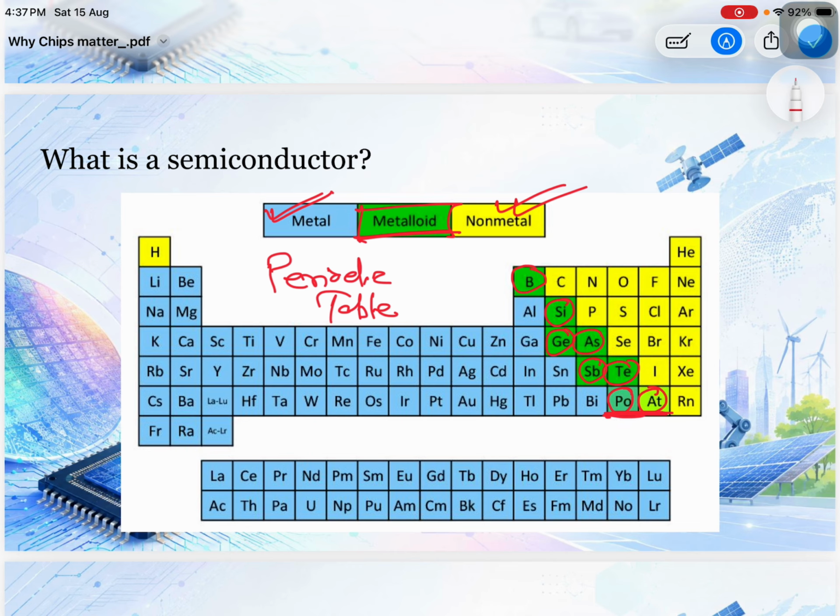But the other 6 elements, boron, silicon, germanium, arsenic, antimony and tellurium, Te, are usually known as metalloids.